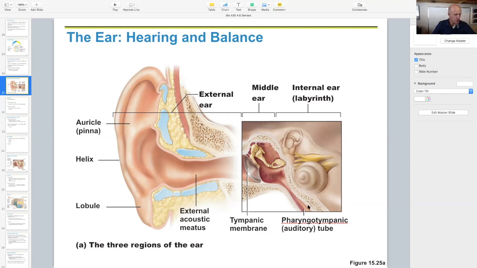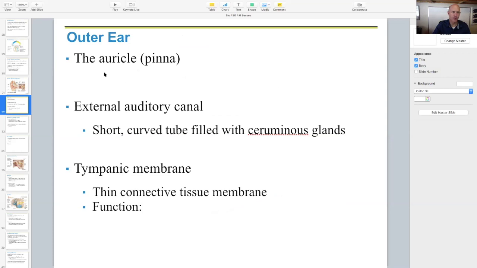All right, so let's look at these structures a little bit more. So we have the outer ear. The function of the tympanic membrane is to carry sound from the external source and bring it into the middle ear.